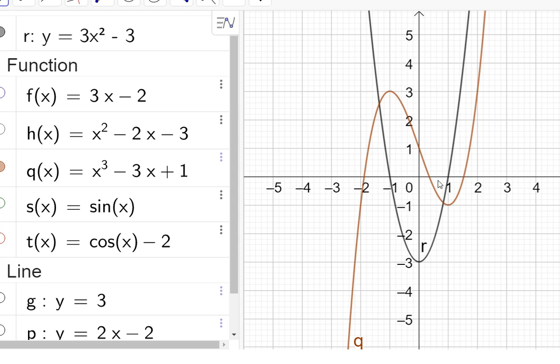I can also see that the point of inflection of my cubic is the minimum point of my quadratic, which makes sense because if I get the derivative of my grey function, the second derivative d2y dx squared is going to be where I get the minimum there, and that is going to be the point of inflection of the original function. So the point of inflection should give us the minimum, and then the roots should be given to us by the maximum and minimum point of the original function.